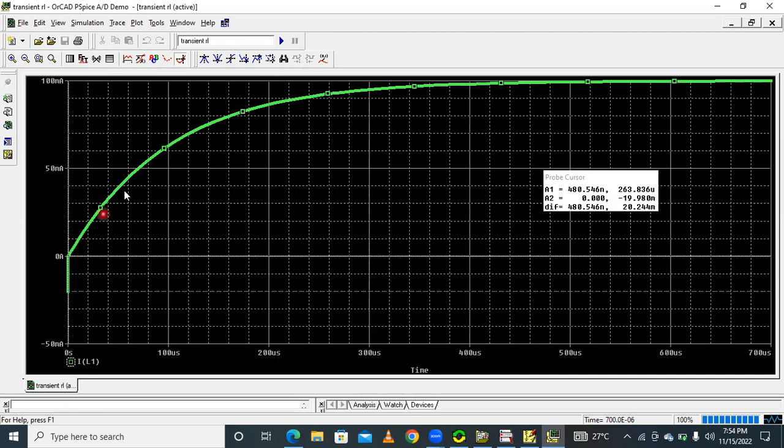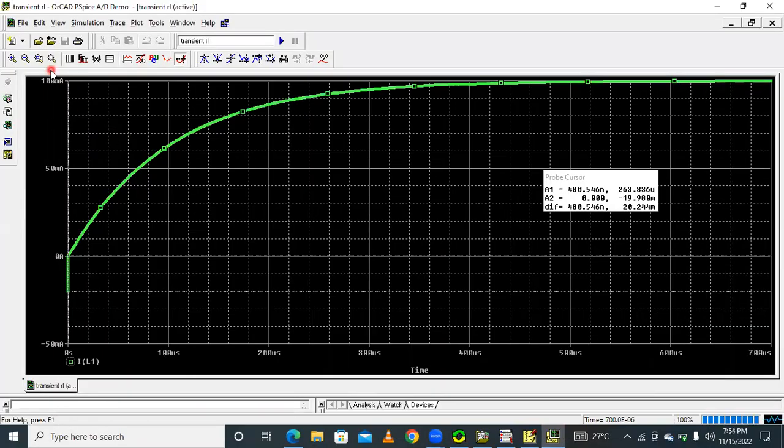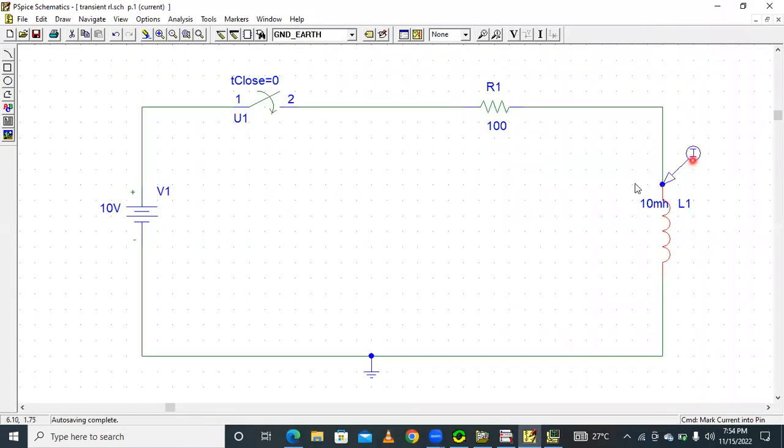The exponential is increasing, and the final current at t equal to infinity is 100 milliamps; under steady state conditions it settles to 100 milliamps like this. This is the current expression for the series circuit.